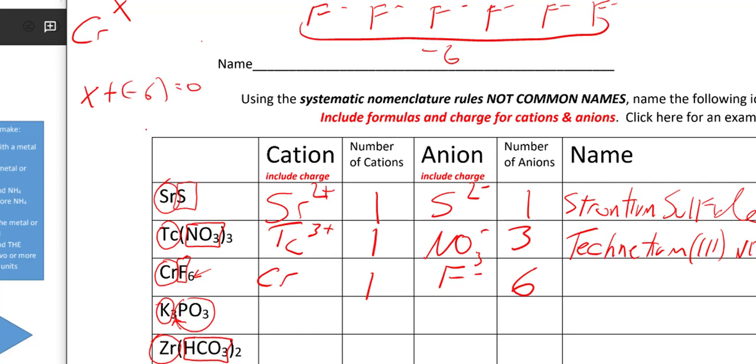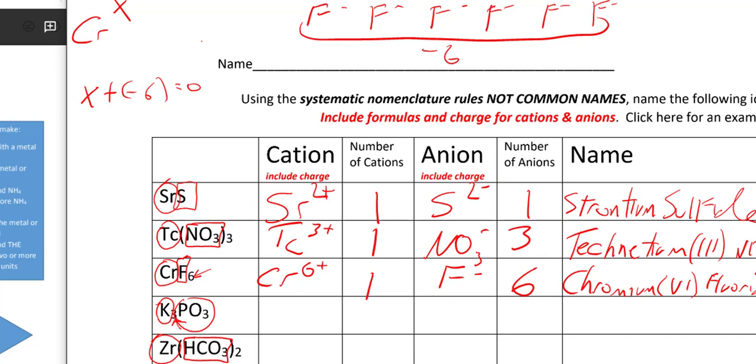So X is positive 6. So we write in chemistry 6 plus, not plus 6. The name of this one is chromium 6 fluoride. I won't get it all in here, but I'll get the Roman numeral in here. And this is fluoride, F-L-U-O-R-I-D-E. Maybe I did get it. Okay.